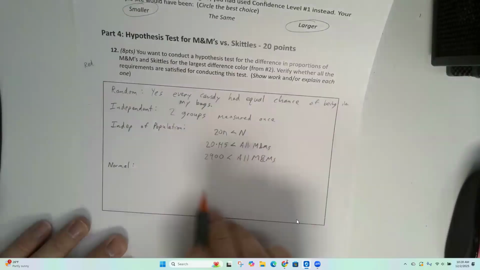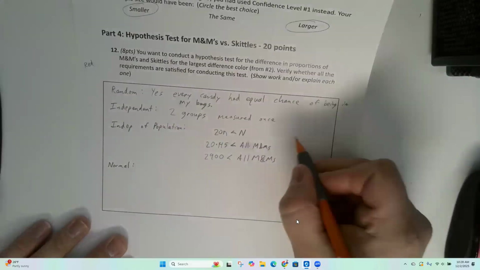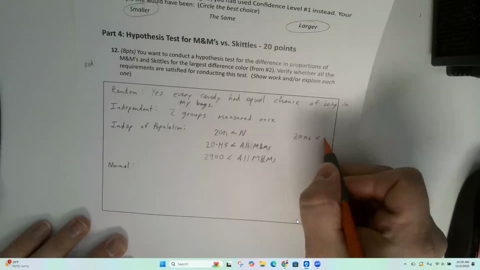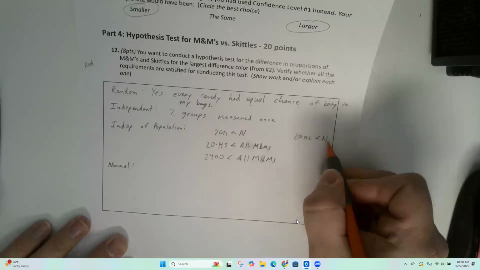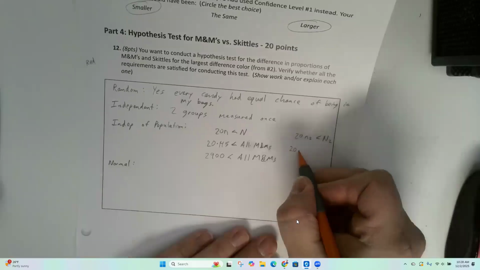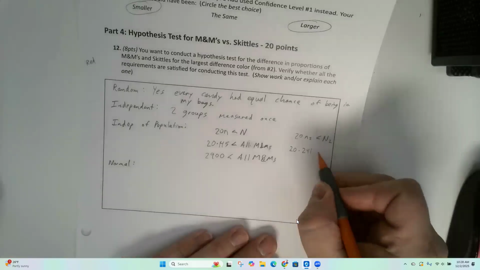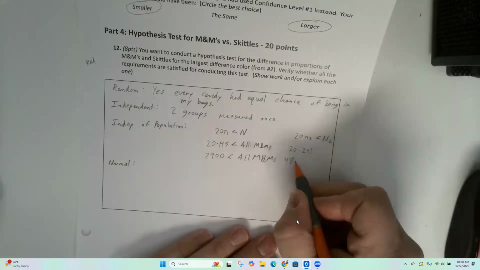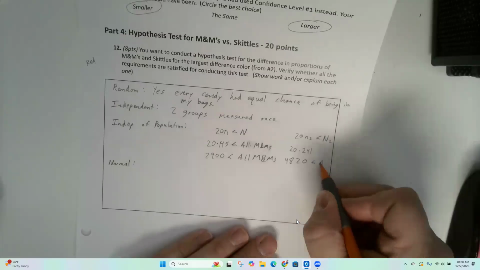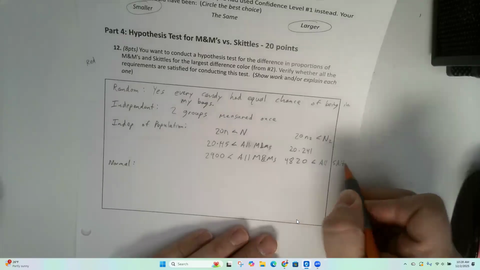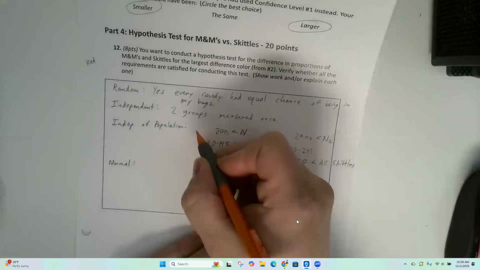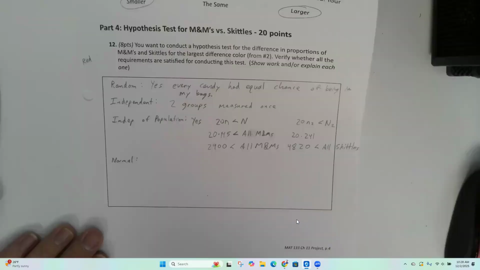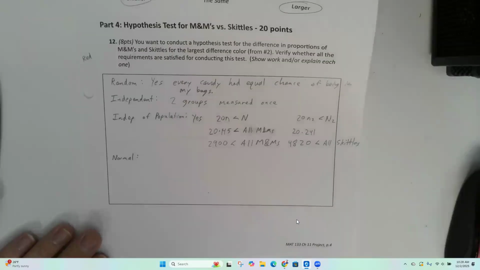That's exactly the same as what I had before. You check it for Skittles as well. 20 times 241 is 4820, and that's less than all Skittles. So yes. Okay.